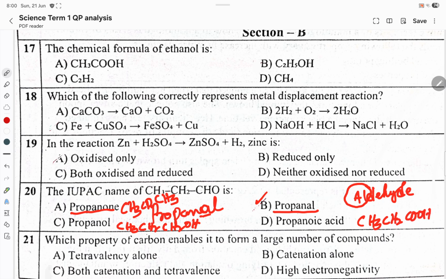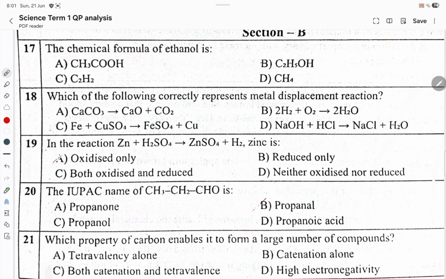These are the structures of the different compounds. Propanone belongs to the ketone group. Propanal belongs to the aldehyde group. Propanol belongs to the alcohol group. Propanoic acid belongs to the carboxylic acid group. Now the correct answer here is option B, propanal or propanaldehyde.